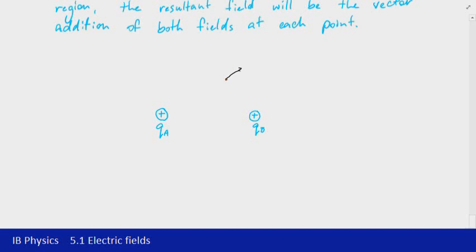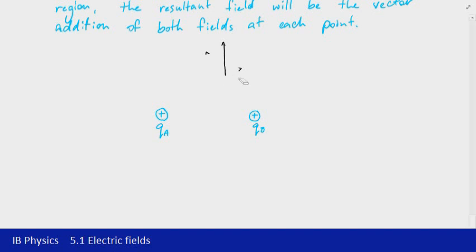The field from QB will likewise be directed away, but because it's a little bit closer to QB, it's going to be a little bit stronger. So there's the two components of the two electric fields, and so we would add those two together. We would find that the field would be in that sort of direction at that point. So notice that it's not to the left, it's not to the right, it's more directed upwards.